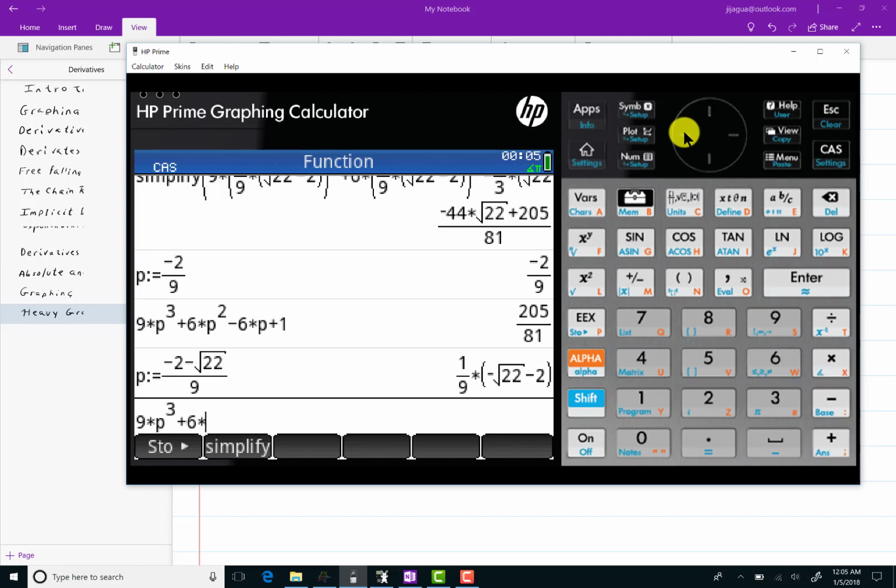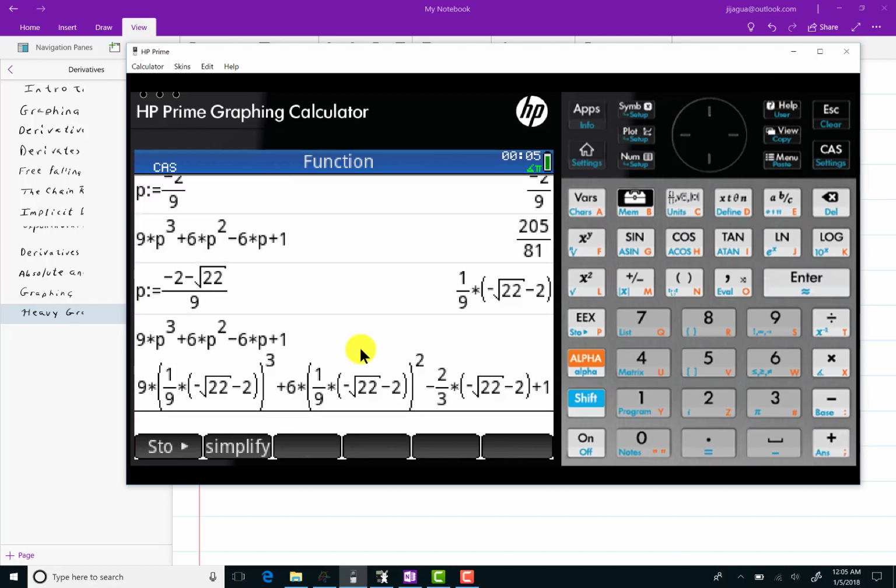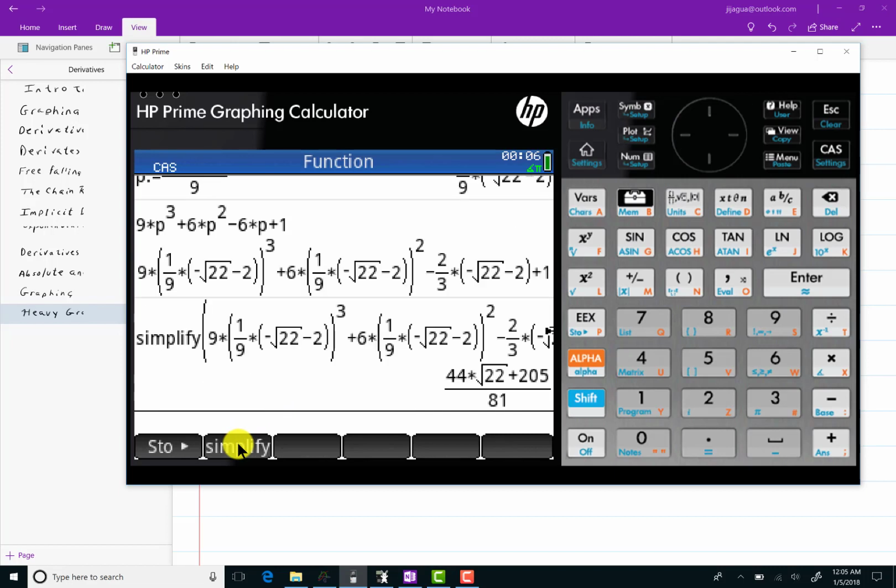The multiplication symbols. And that was plus 1. And what it does, it will give me this big long expression, but then I'll hit simplify. See that? So this is 205 plus 44 radical 22 over 81.